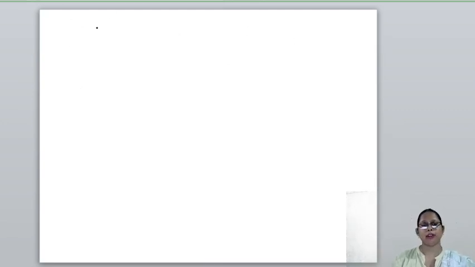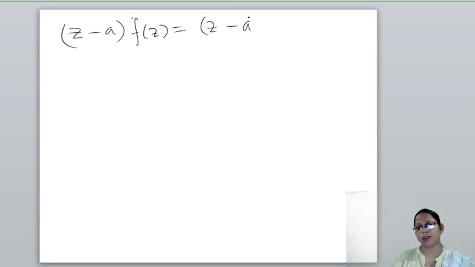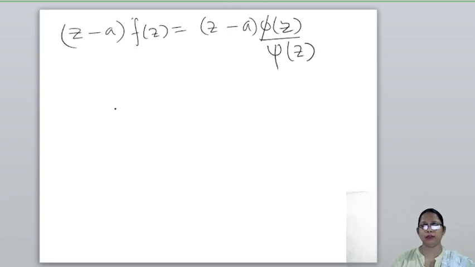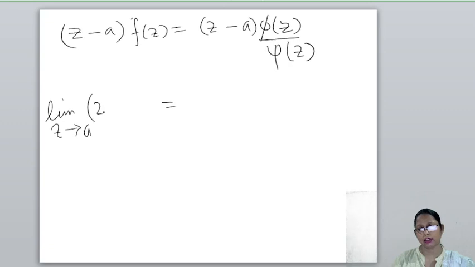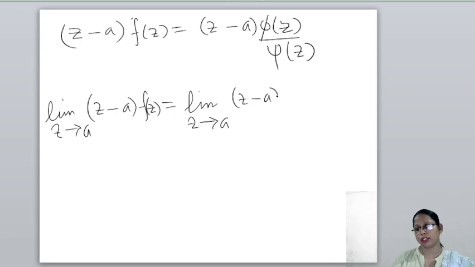Multiplying by z minus a, we get (z minus a) f(z) equals (z minus a) phi(z) by psi(z). Now taking the limit z tends to a on the left hand side and right hand side, we will get this.